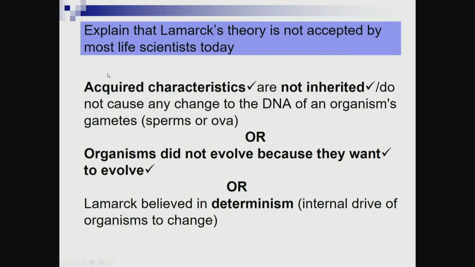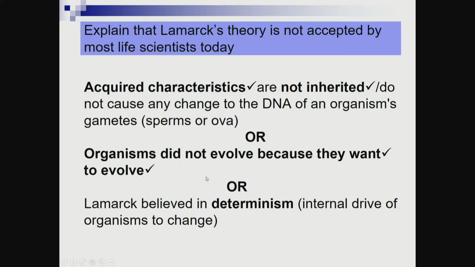The reason why we are not accepting this: acquired characteristics are not inherited. Organisms did not evolve because they want to evolve. We cannot have masks just because we wear them all the time, or we want them, and then grow a mask. So Lamarck's belief in determination is wrong.